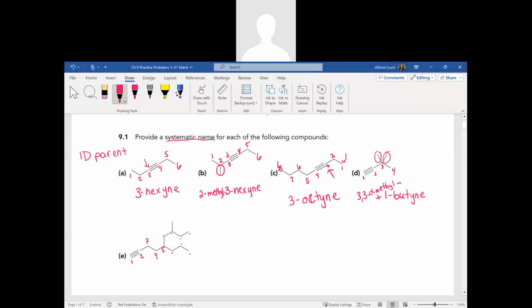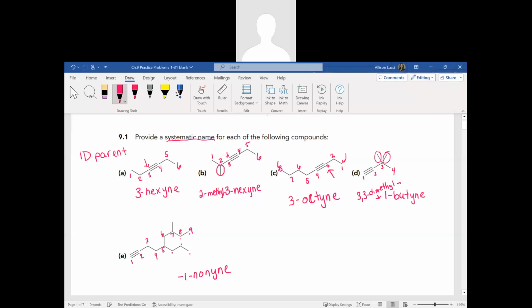So 1, 2, 3, 4, 5, 6, 7, 8, 9. So we end up with a nonyne. So our parent in this case is nonyne for a 9-membered carbon chain. And the triple bond is between carbons 1 and 2, so it's a 1-nonyne.